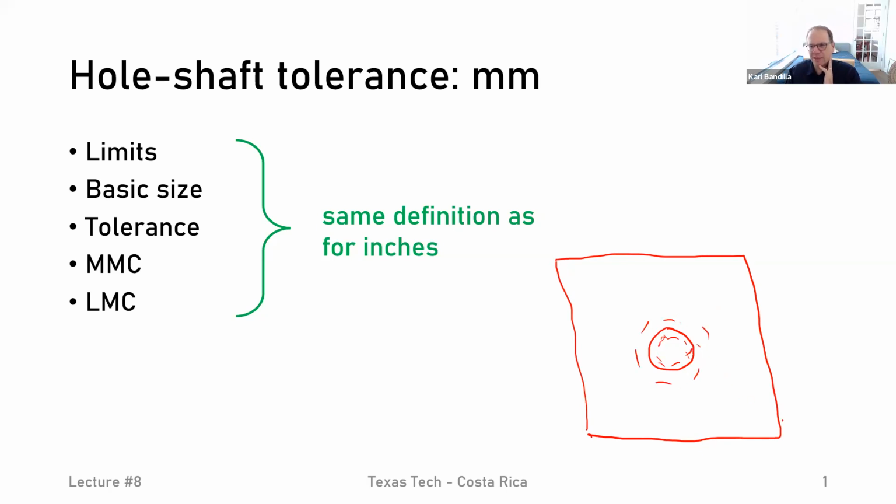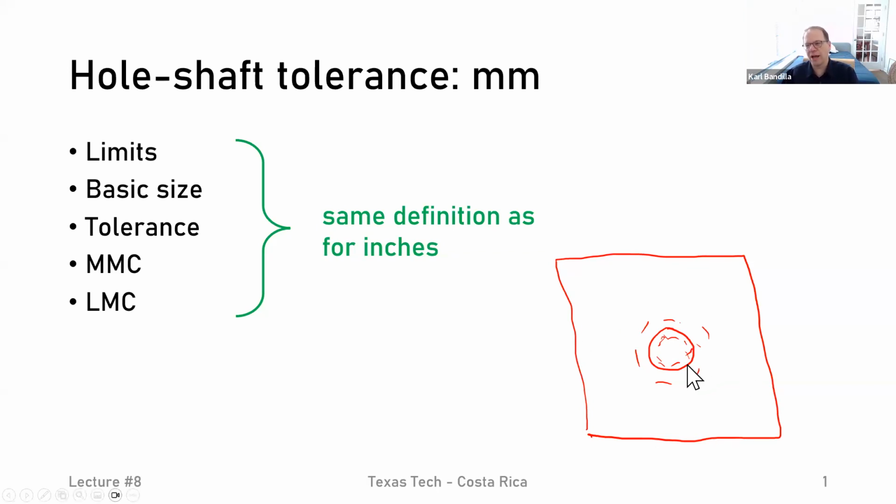So which of these, the smaller or the bigger diameter, gives me overall more material in my part? I'm thinking about this entire part. In which condition will it have more material? The smaller hole, right? So for the hole, the MMC is the small diameter.